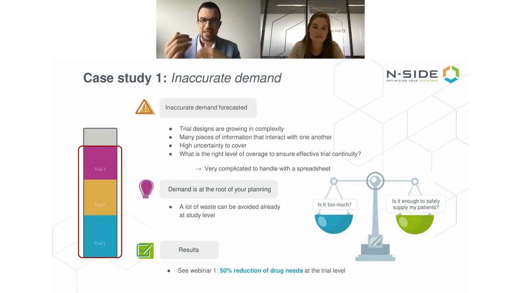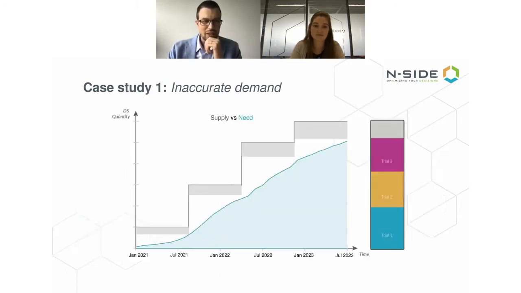And again, knowing that the studies are getting more complex and things are more and more dynamic, it was definitely a pretty big success for them. And why is that? Let's try to visualize that with one concrete example of one of their programs. I won't be getting into too much detail about the program itself, but all you need to know is there were only 3 trials, so it's a pretty small program at the time, nothing too crazy.